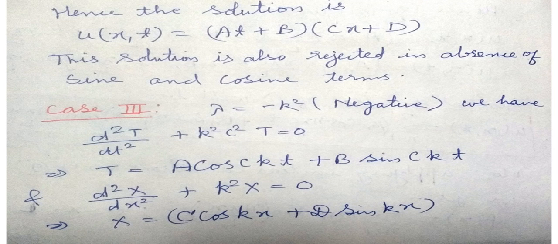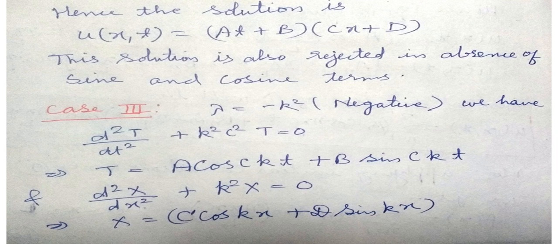Now case third is lambda equal to minus k square, which is negative. In this case, we will have d2T upon dt square plus k square c square T equal to 0, which gives T equals A cos ckt plus B sin ckt, and another equation will be d2X upon dx square plus k square X equal to 0, which gives X equal to C dash cos kx plus D sin kx.